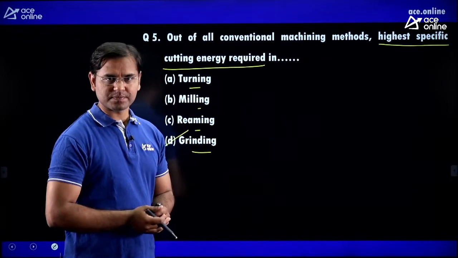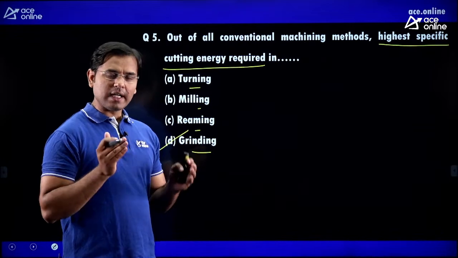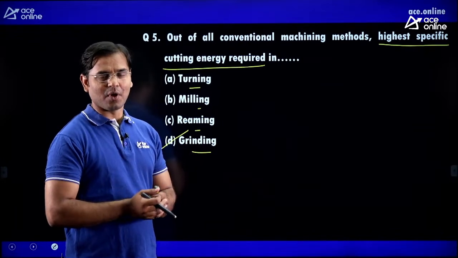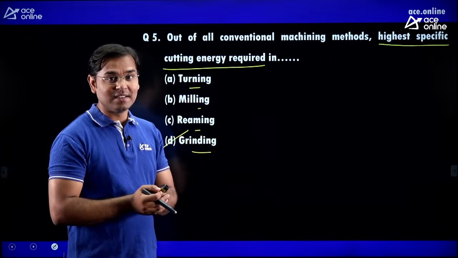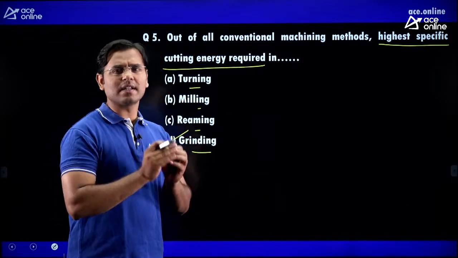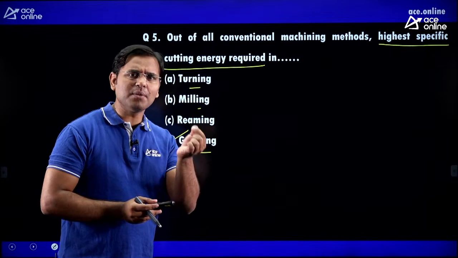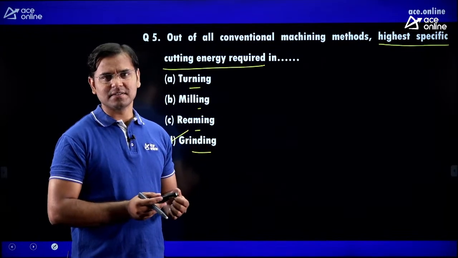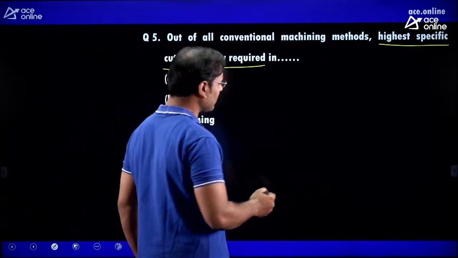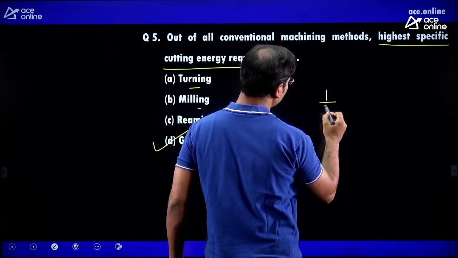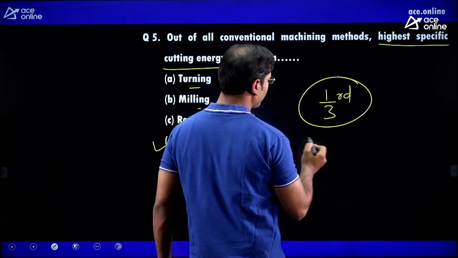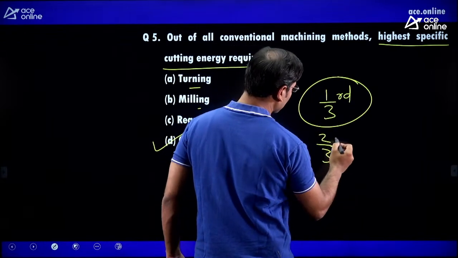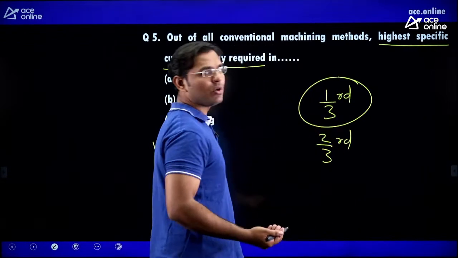Why is it so? In the grinding tool, whatever abrasives are there, a number of single point abrasives are there. But while machining, only one third of the abrasives work as a cutting tool, and the remaining two thirds are simply rubbing onto the workpiece.